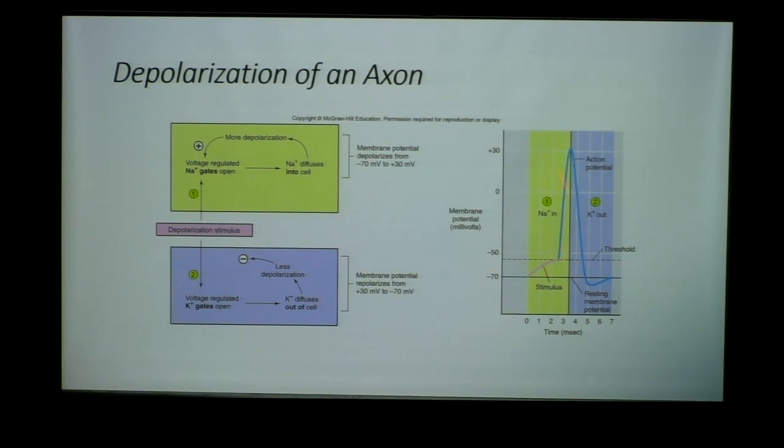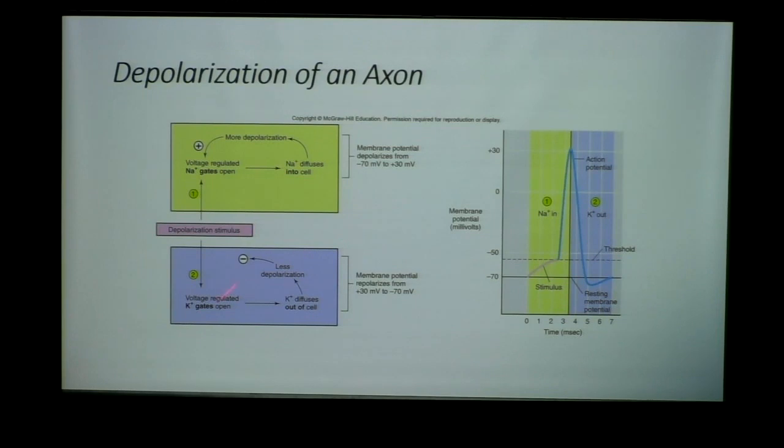And we can see what ions are responsible for each phase of this action potential. So let's start here. We have a depolarizing stimulus, which we said could be many things. It could be a tactile stimulus, it could be an auditory, olfactory. The way that our neurons speak to each other, the way that we perceive the world around us is through these signals. So the stimuli that set these signals off can be a whole host of stimuli from physical interaction, right?